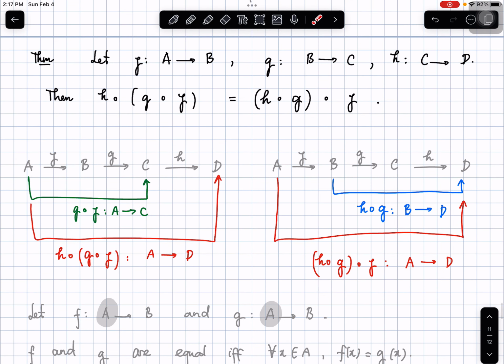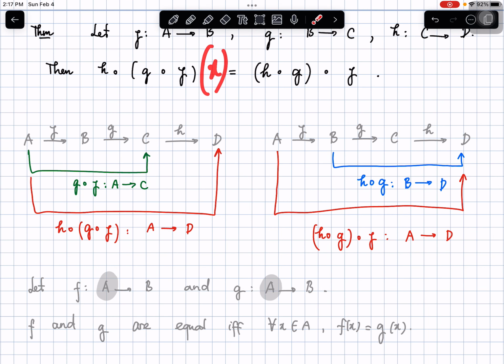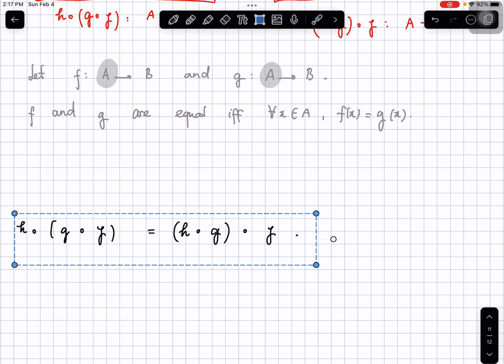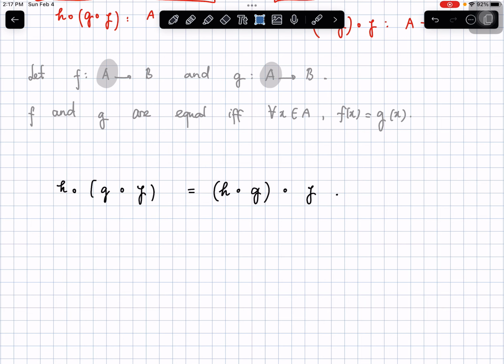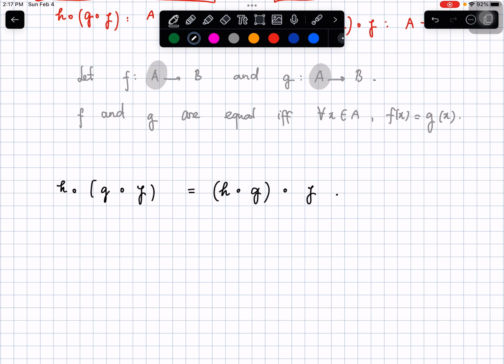So now to prove these two are equal, we just need to prove h∘g∘f of x equals (h∘g)∘f of x for all x in A. So we recall this theorem and we will use it.